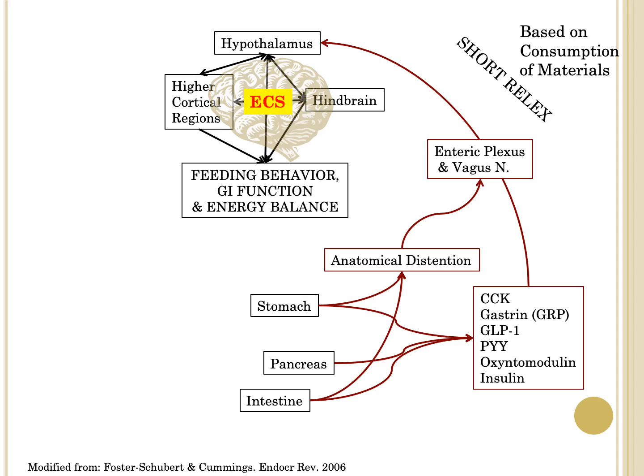From the stomach, the pancreas, and the intestines, we start to secrete distinct endocrines that will modulate anatomical functions within the alimentary canal, such as CCK, gastrin, GLP-1, PYY, oxyntomodulin, and insulin.